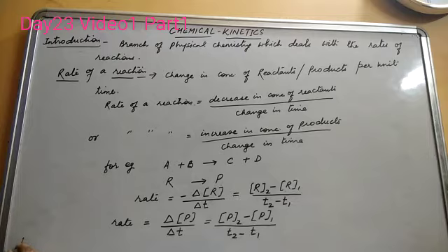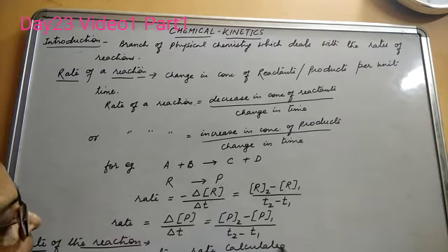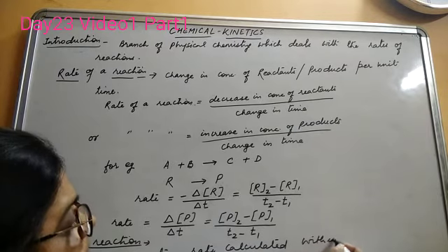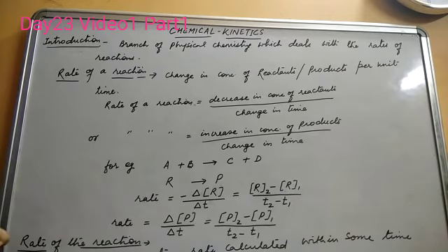Rate of the reaction can be of two types: average rate of the reaction and instantaneous rate of the reaction. First one is average rate of the reaction. Average rate means the rate of the reaction calculated within some time interval.